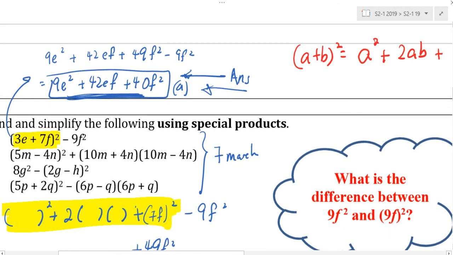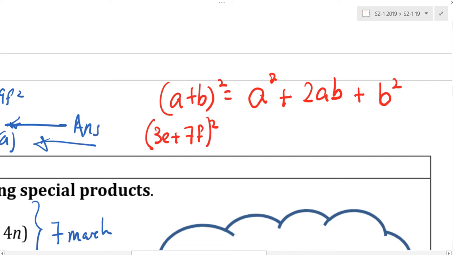Now, if I copy the special formula, special product, and then now I put in the yellow thing, so now I have (3E plus 7F) squared. Tell me again. Do you notice that now A suddenly changed to become 3E? Now B changed to become 7F. I have a bracket, I have a square, I have a plus, everything else is the same.